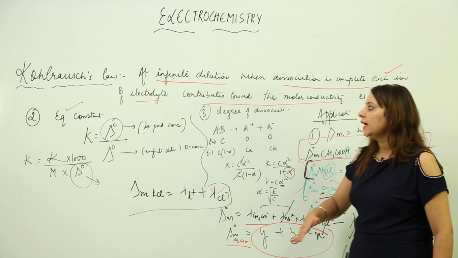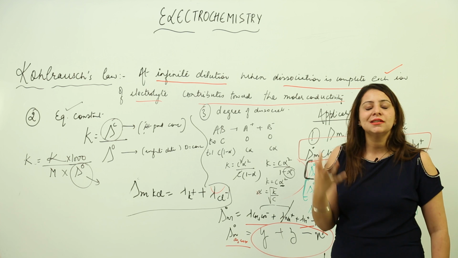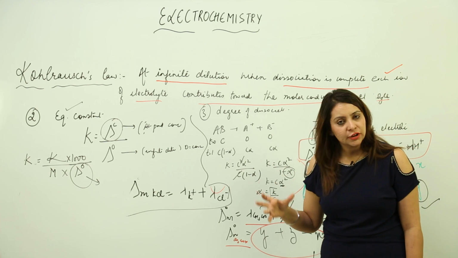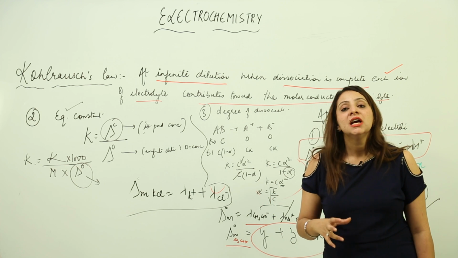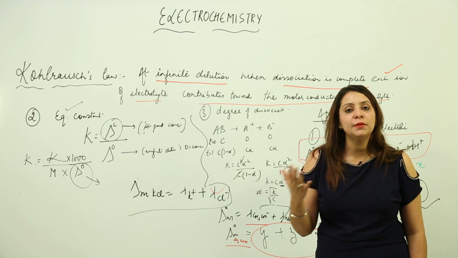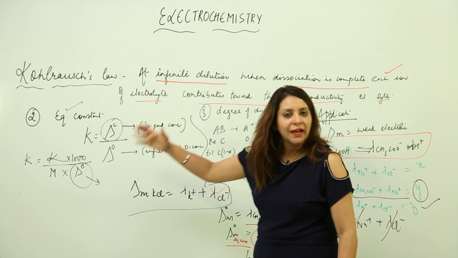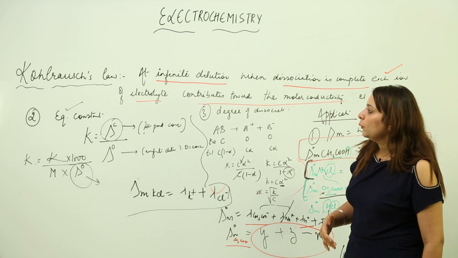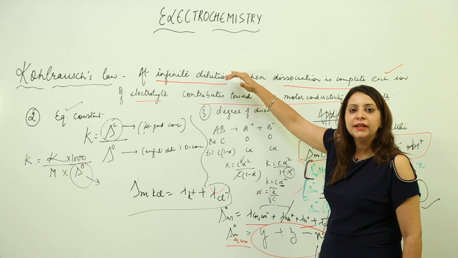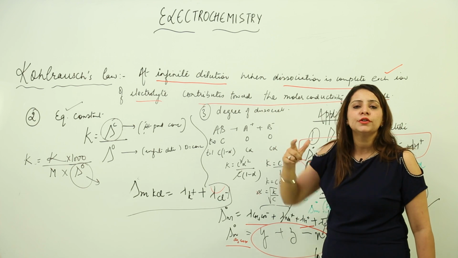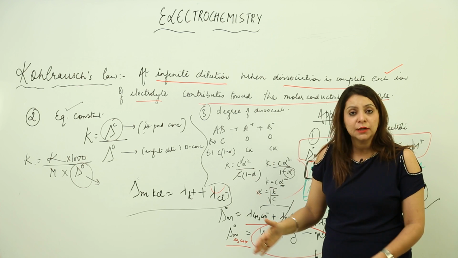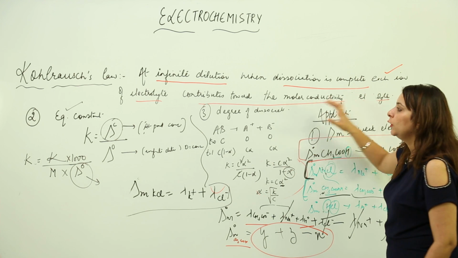So I think it's clear that Kohlrausch law is a law that just states that if you take different electrolytes which have a common ion, then the molar conductivity difference for them is actually the same. We also proved that by taking an example. Likewise, it leads to the formulation that at infinite dilution there is an equal contribution, like if a substance gets completely dissociated, then there is an equal contribution.